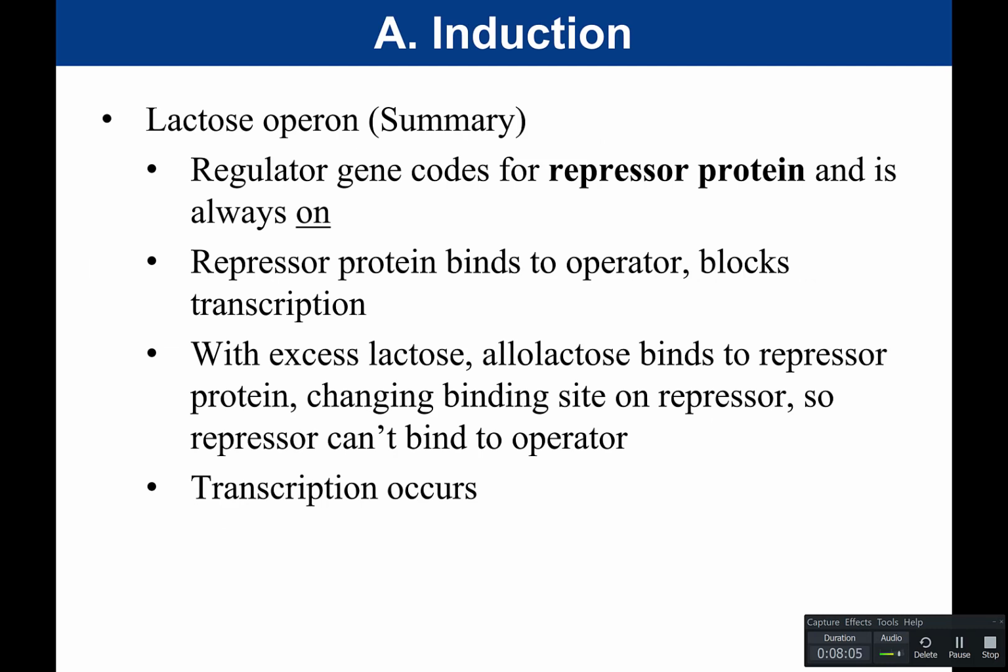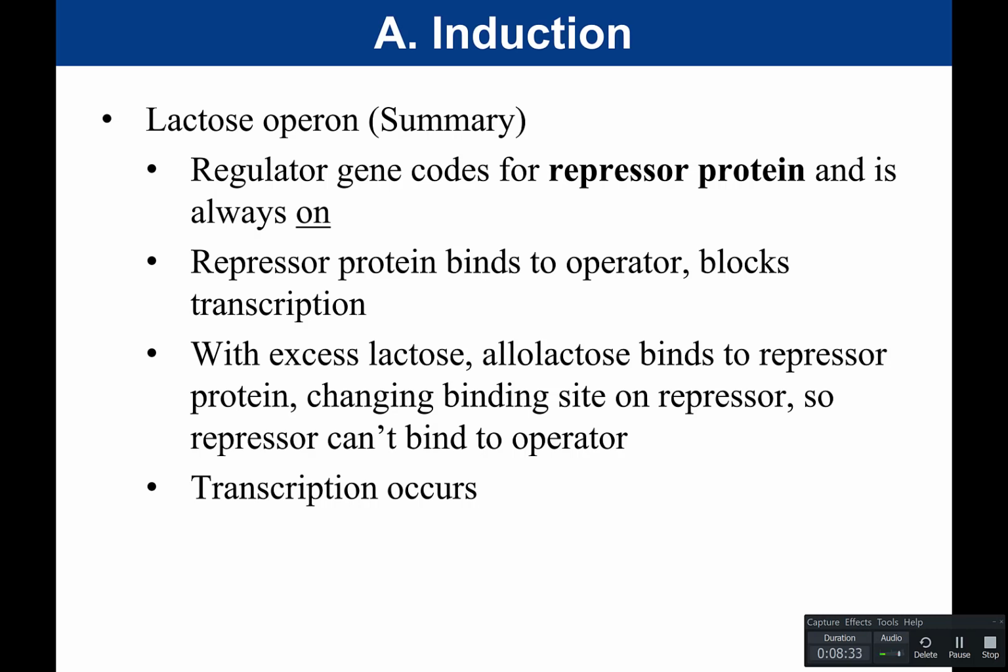So summary of the lac operon: the regulator gene codes for a repressor protein. So again, that is your lac-I. The lac-I gene is constitutive. It's always on, which means that the cell is always making the lac repressor protein. The repressor protein binds to the operator and blocks transcription. That is the default position.